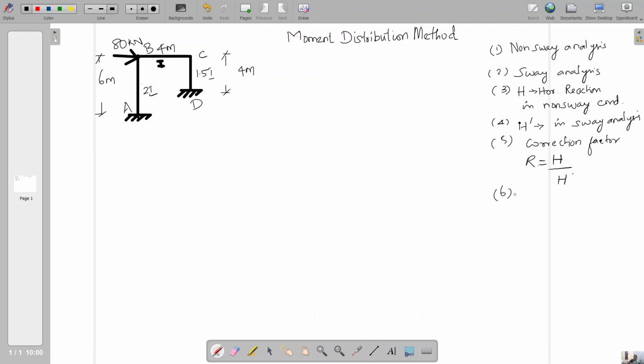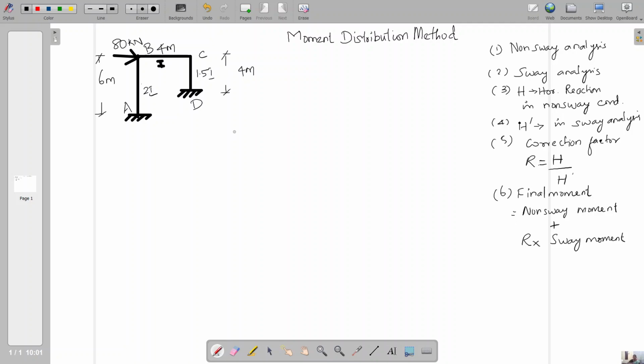Final step, the calculation of final moment equals non-sway moment plus correction factor R into sway moment. So we have to remember these steps before starting the problem.